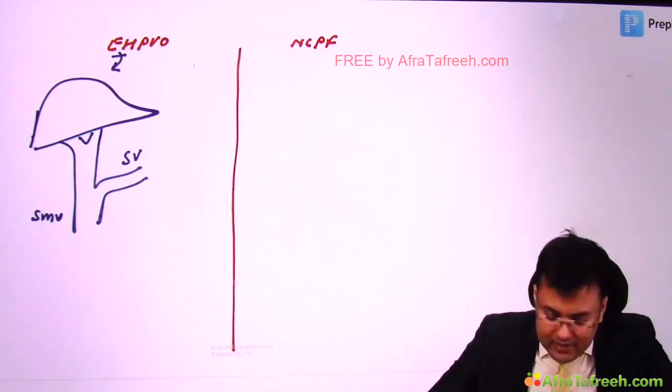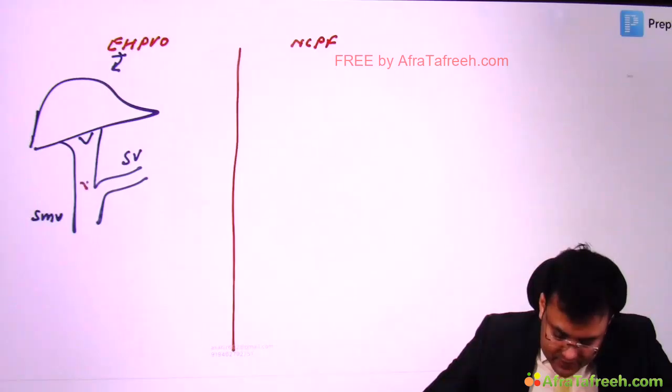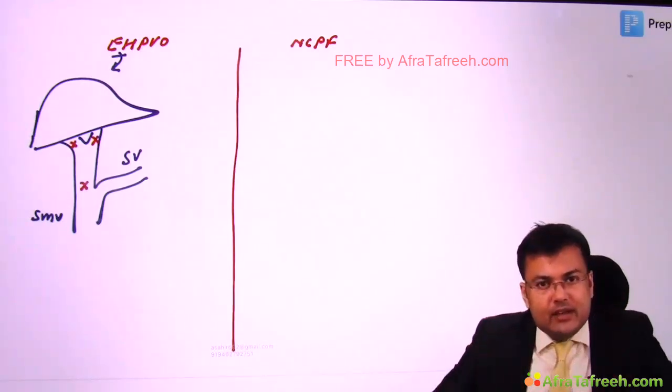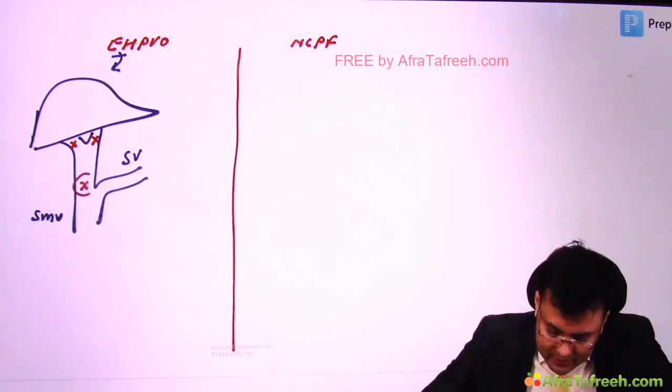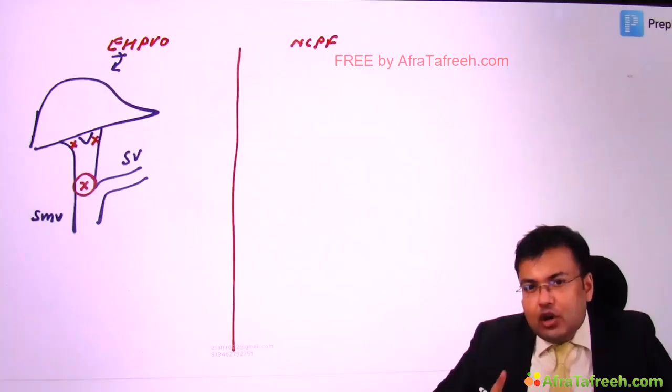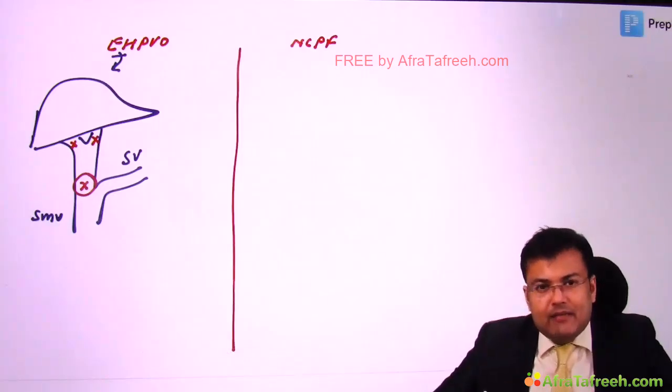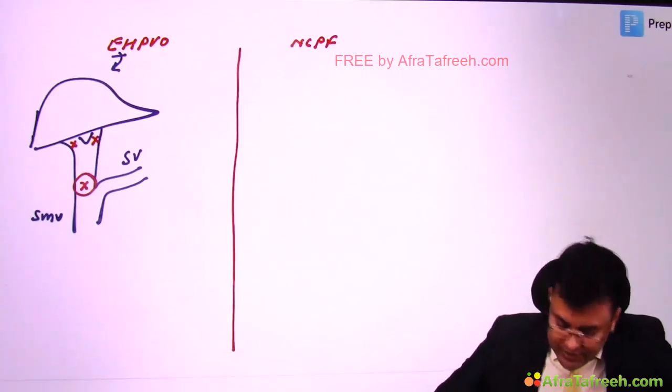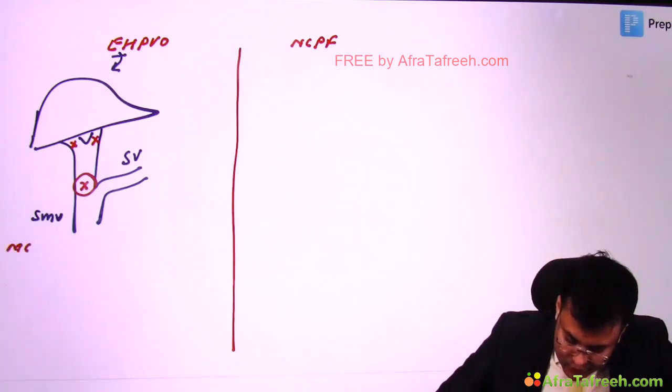So exactly where? You can see this is the first order branch and this is the second order branch. Where it bifurcates, the most common site is this one. And what's this? This is the confluence of splenic vein and superior mesenteric vein. So first question, what is the most common site of EHPVO?